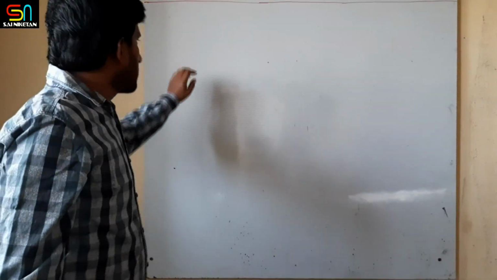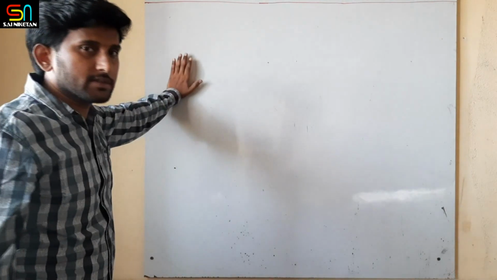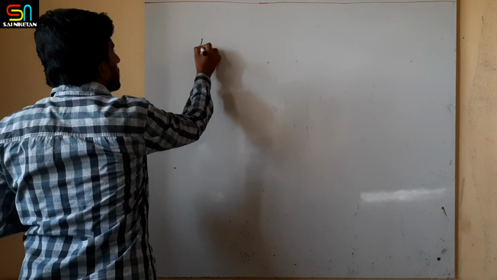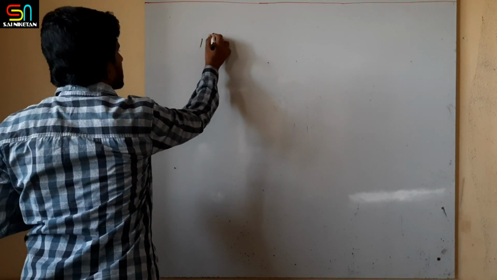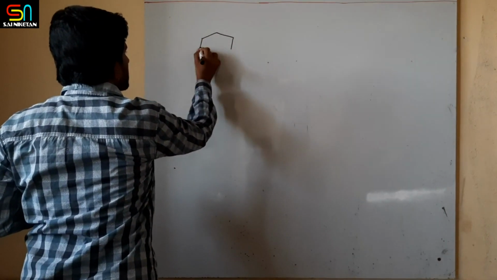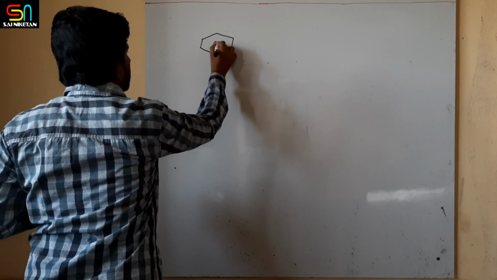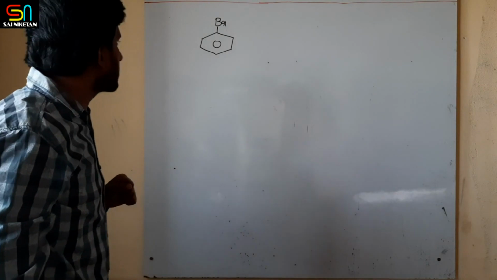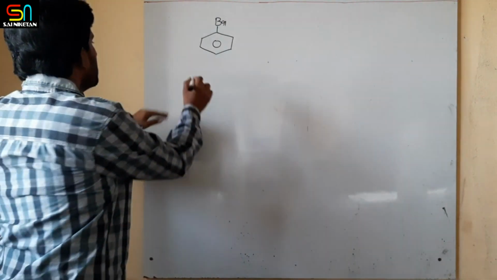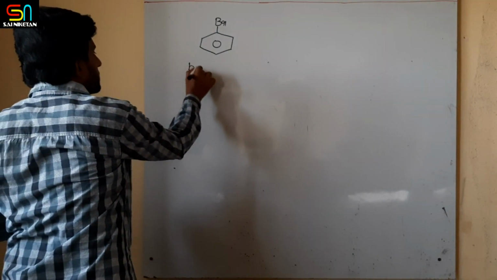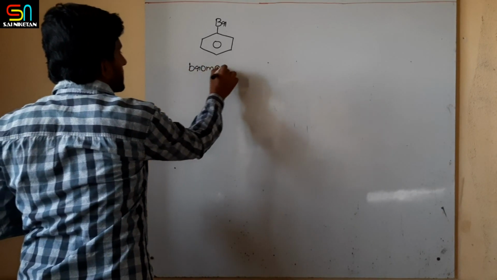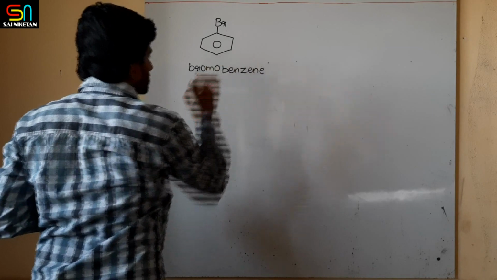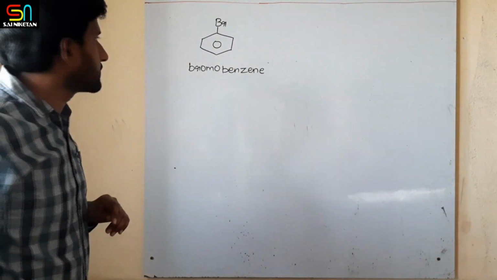Okay, now we will see a few more examples. Now what is the IUPAC name of bromobenzene? Like I am writing here, a benzene ring with one bromine atom. The IUPAC name is bromobenzene. Bromobenzene.